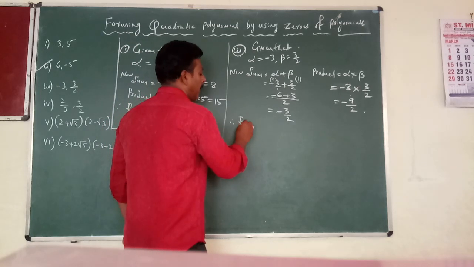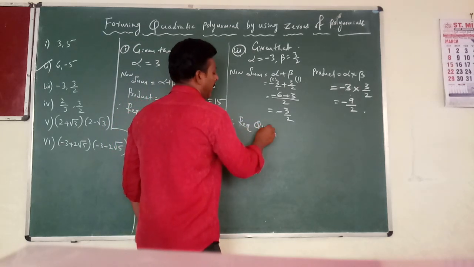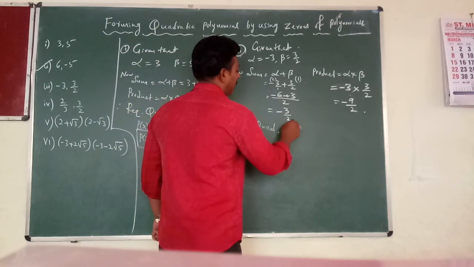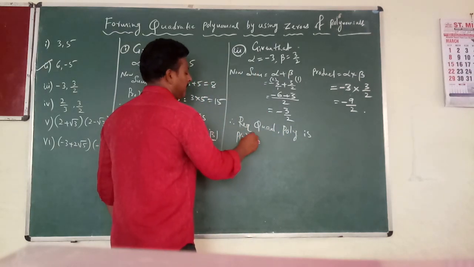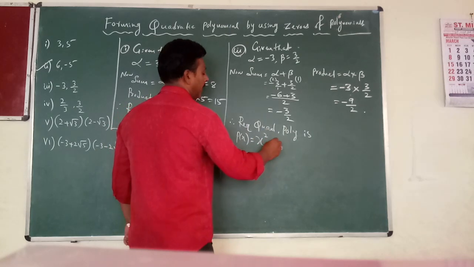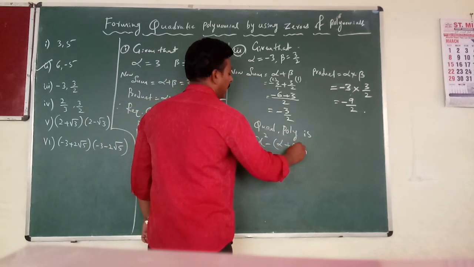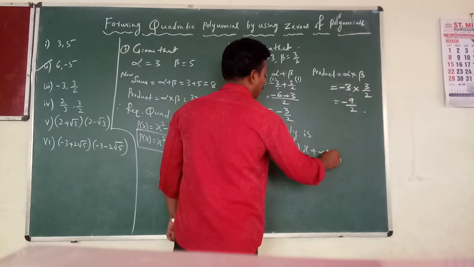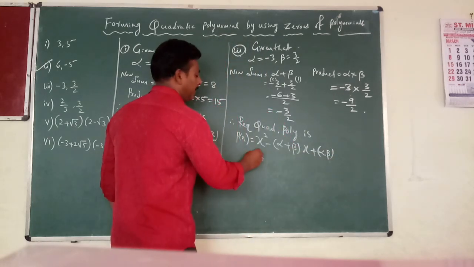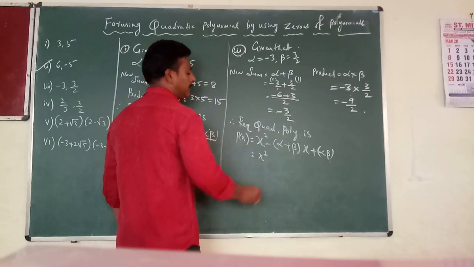Therefore the required quadratic polynomial, general form, p of x is equal to x square minus (alpha plus beta) into x plus alpha beta. Values are ready. Be careful, this is a fraction.